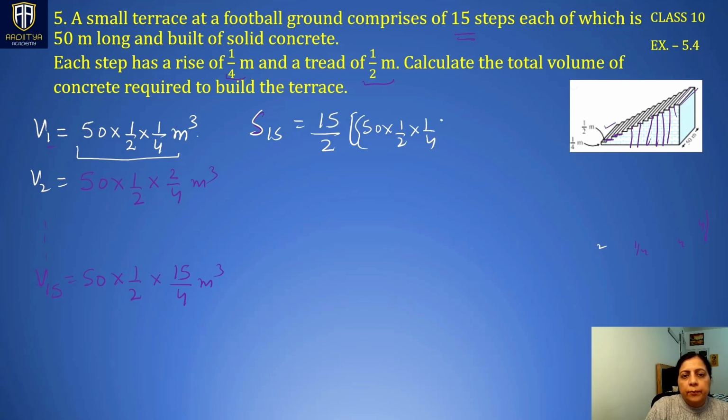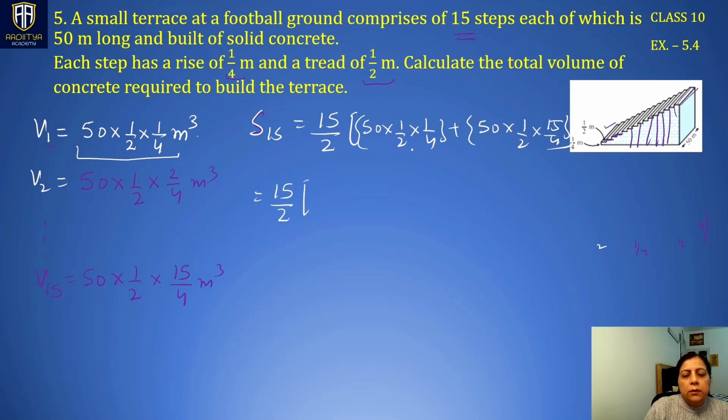This is A plus L. The last term for this volume is 50 multiplied by half multiplied by 15 by 4. So this becomes 15 by 2.